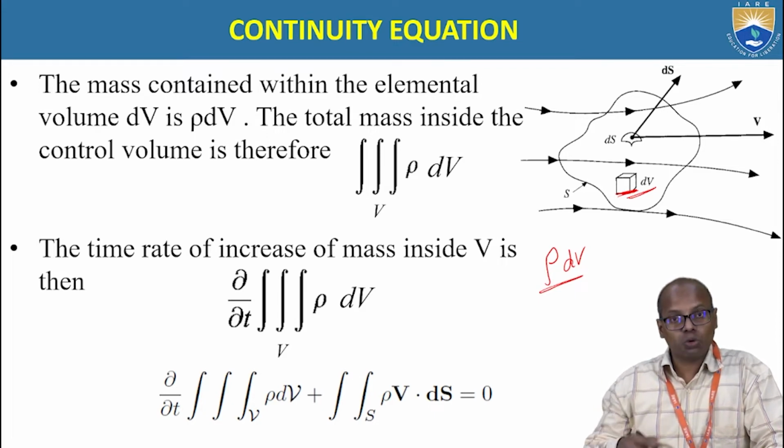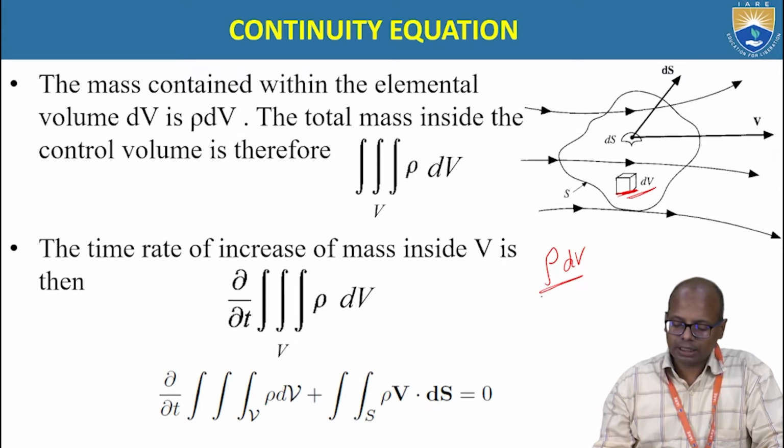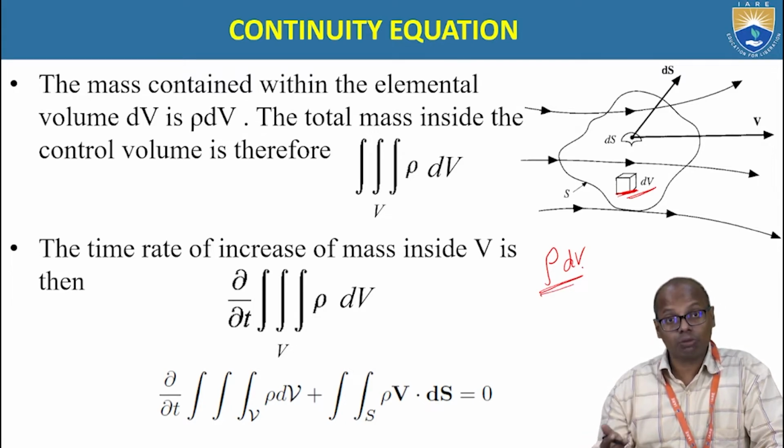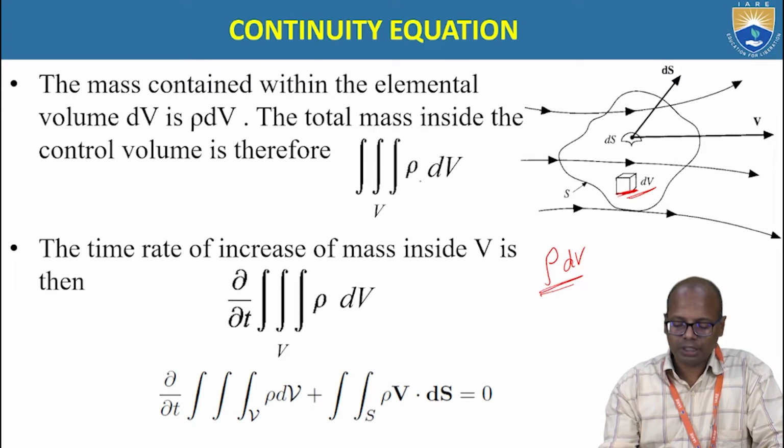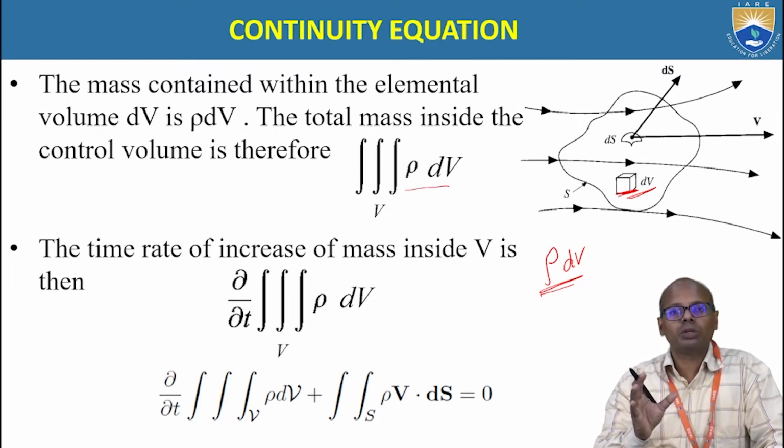If I want the total mass of the control volume, what I have to do is integrate this over the entire volume. So it is a volume integral. The volume integral of rho into dV gives the total mass of the control volume.